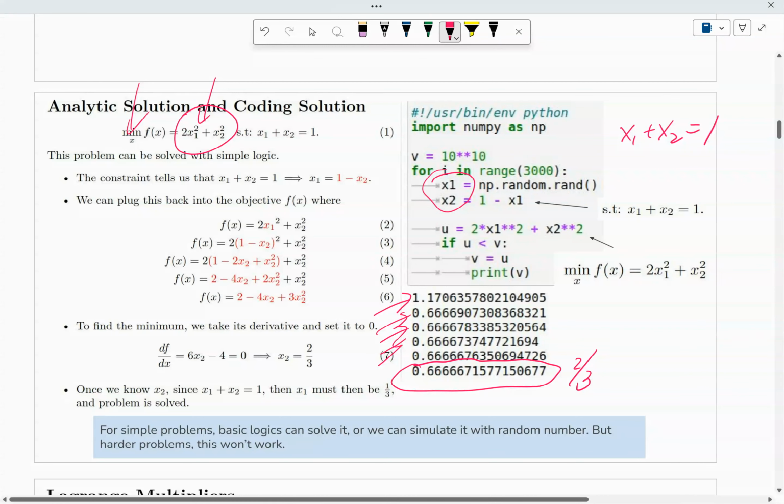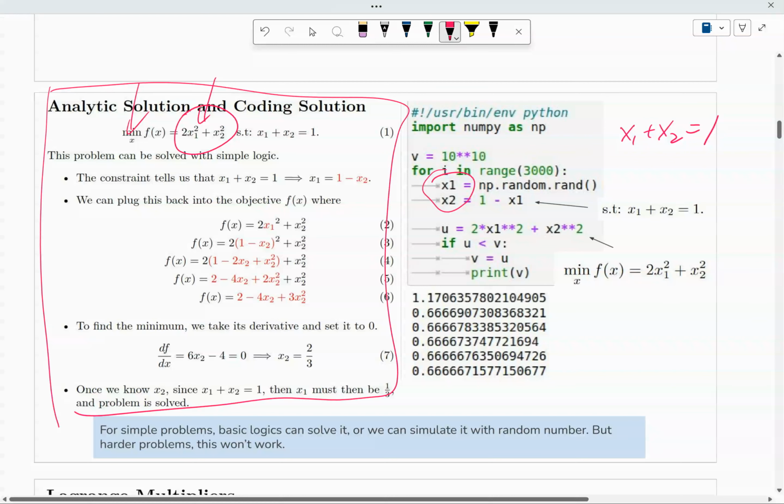So basically the point is you can just plug in random numbers that happen to match the constraint and then find the one that gives you the best result. You can solve it this way, very crudely. This is a very simplistic method, just raw computation.